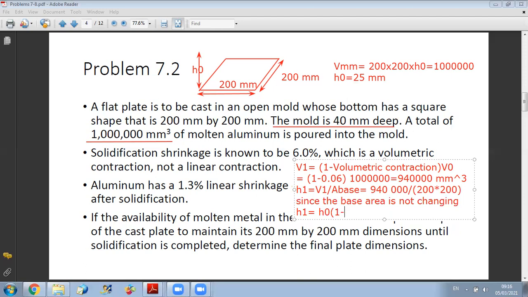And here the volumetric contraction will be equal to the linear contraction of the height, because the contraction is only taking place along the height but not along the base.